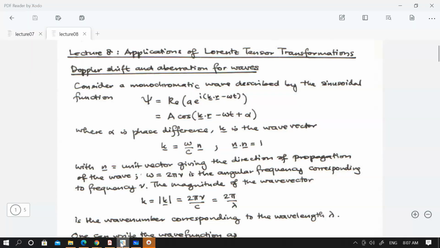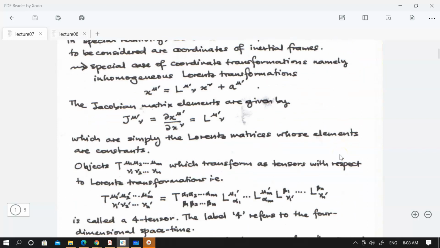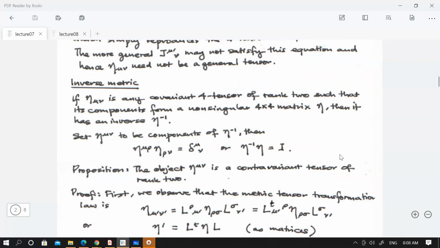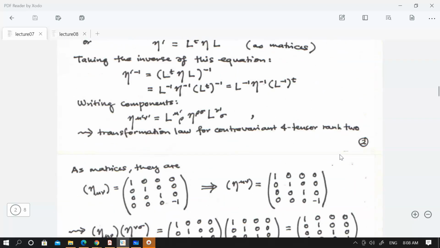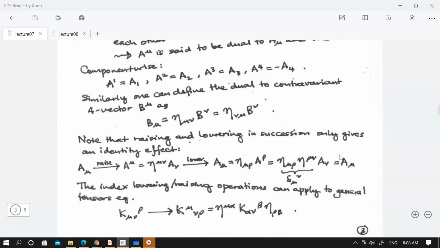So let us recall what we did last week. We have essentially started to discuss tensors and special relativity. Let me just check where we have stopped. I think we have introduced the metric and inverse metric, also the index lowering and raising.